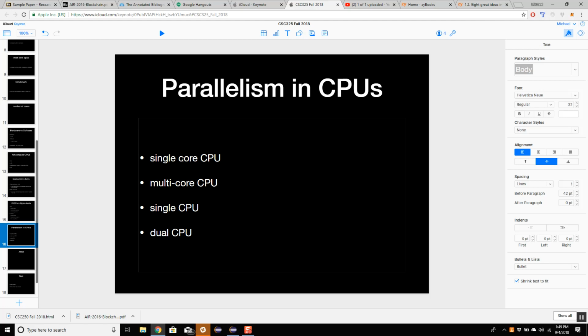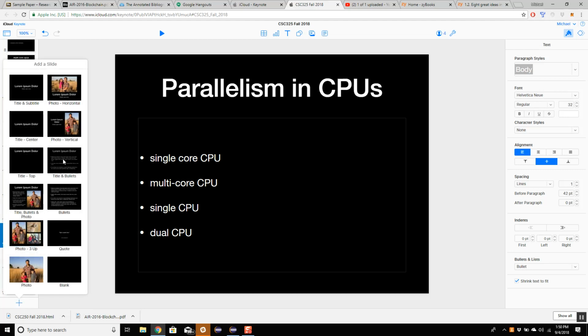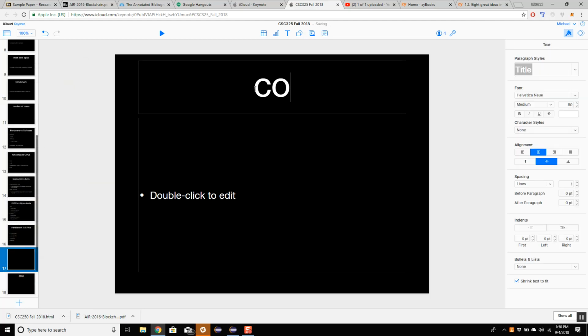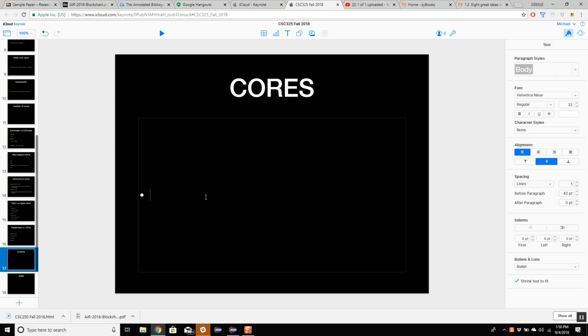When we add the word core in there, we're talking about the number of cores that exist within a single CPU. And a core we can think of as a unit of computation. Okay, so every single time we have a core, we're talking about another instance of the underlying instruction set or architecture.